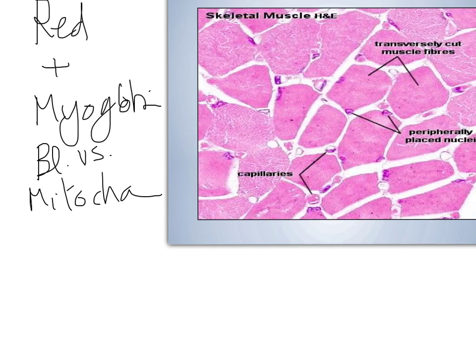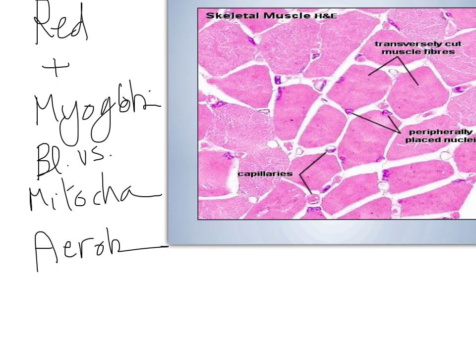So in this way they are responsible for aerobic respiration, because the myoglobin is responsible for carrying the oxygen, the blood vessels for the supply of the oxygen, and the mitochondria for the energy.